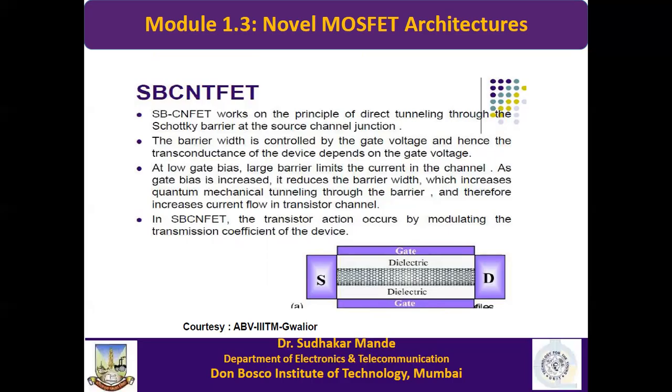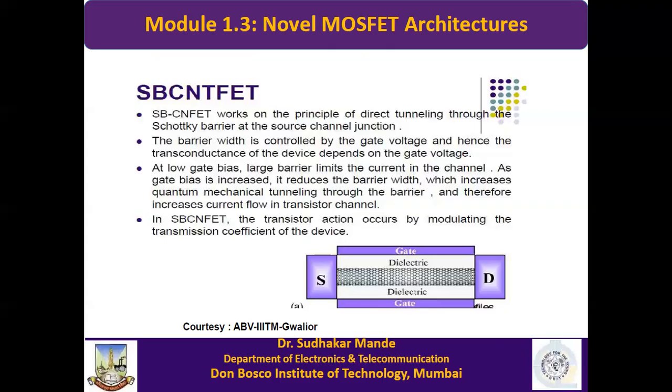Earlier I told you what tunneling is. Therefore, at low gate bias voltage, the large barrier limits the current in the channel, which means its off current is less. Why? Because if gate voltage is low, there is a barrier, and because of that barrier, electrons cannot jump it.